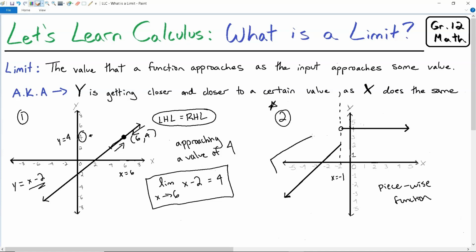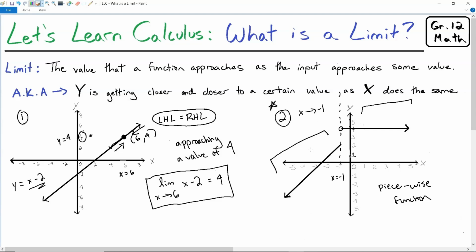This section here, from -infinity all the way to -1, is being represented by this line. And then everything beyond -1 is being represented by a different line. But what if I wanted to look at the limit as x is approaching -1?